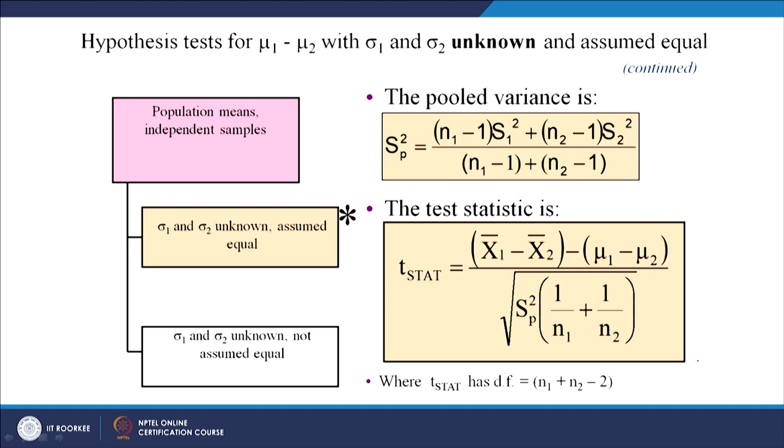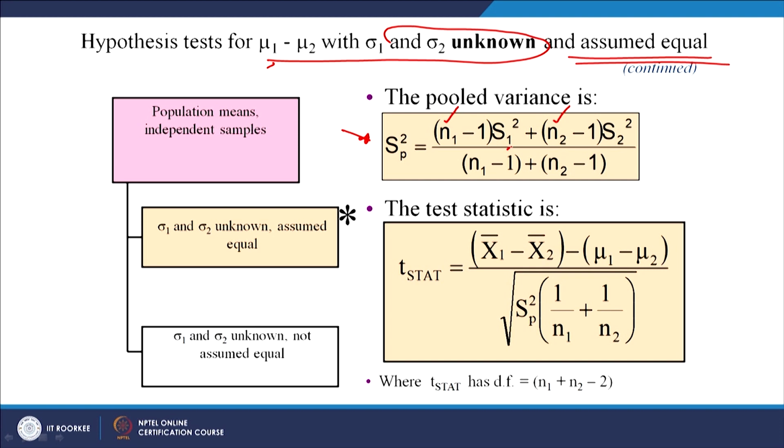Let us look at the case when these two are unknown and we assume them equal. When we assume them equal, we will use the pooled variance of both the populations. We will take a sample from the first population with sample size n1, and n2 is the sample size of the sample taken from population 2.